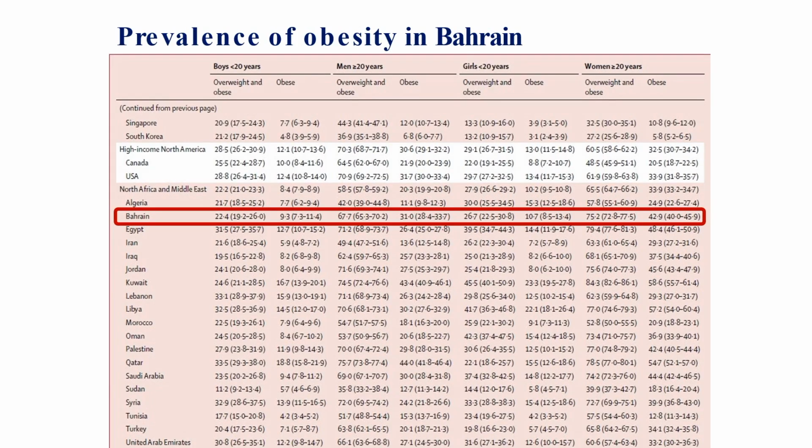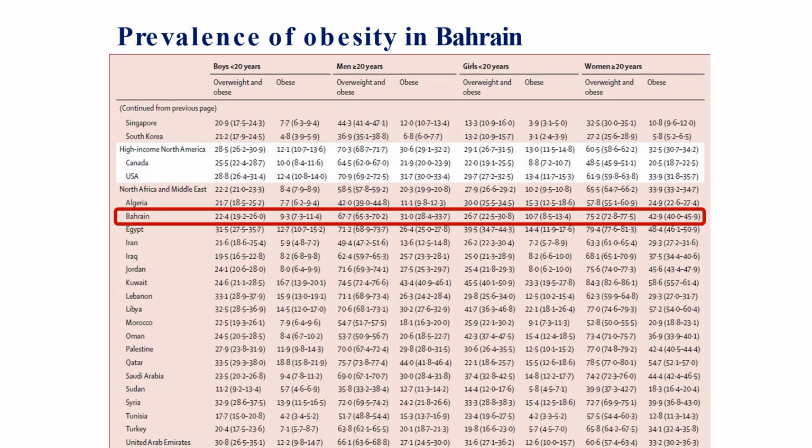But if we look specifically now at the prevalence of obesity in Bahrain, what we can see is that for boys aged less than 20, those who are overweight and obese are around 22.4%, and those who are obese, 9%. Whereas when one looks at girls in the same age group, less than 20 years, 26.7% of girls were overweight and 10.7% were obese.